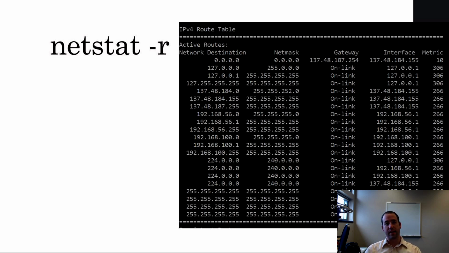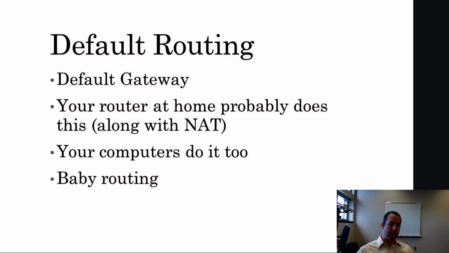What device am I sending it to next? What's the next hop, the next step along the path? And then what interface is it that I'm connected to? What interface do I have? So if I had a wireless and a desktop, or if I had 3 wired network connections, it would have this information for all of them, and I would be able to determine which is the best interface to send this traffic from.